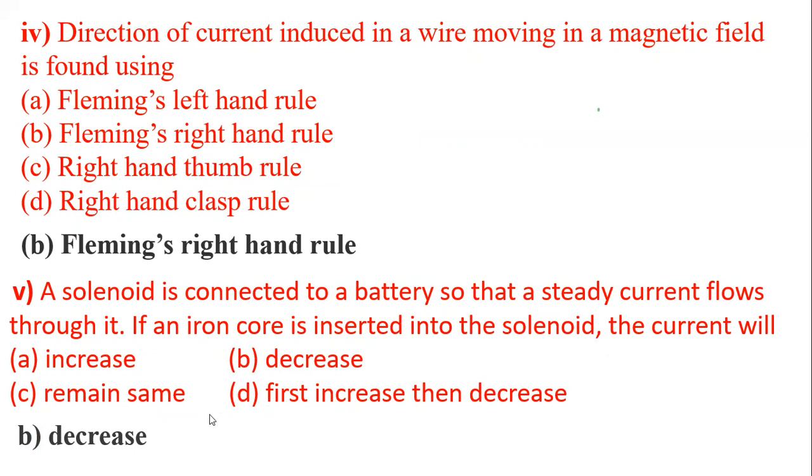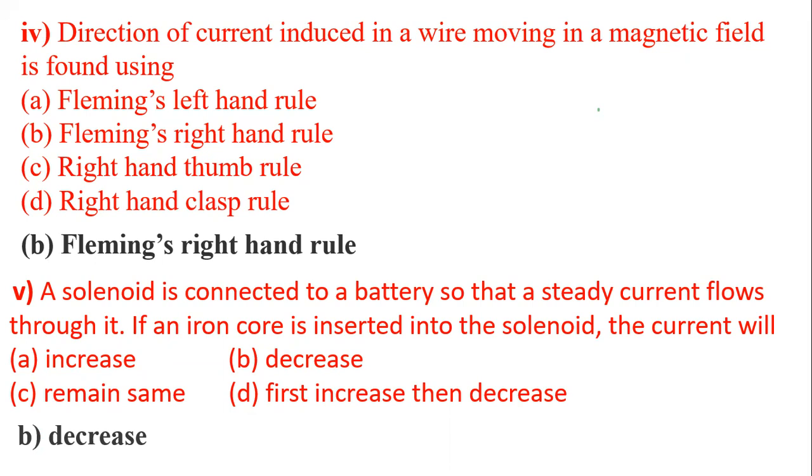Here, of course, the current will decrease. Understood? If you increase the coil turns, it will increase. You are inserting one more metal into it, and the strength is going to decrease because of the iron. Due to that reason, the current is going to decrease. That is the answer.